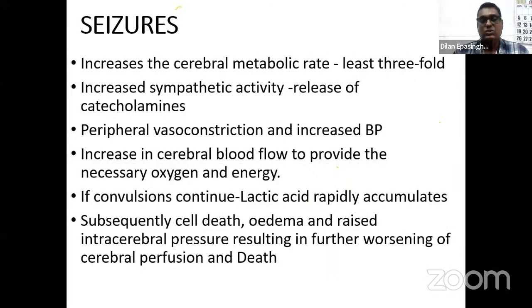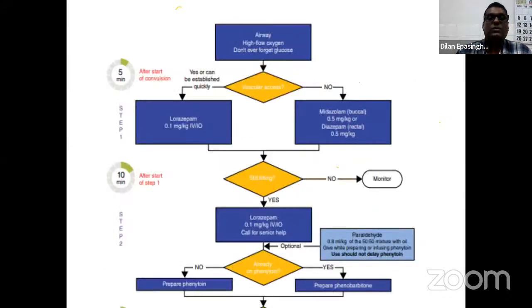There is increased sympathetic activity, release of catecholamines, peripheral vasoconstriction, and increased blood pressure, so increased cerebral blood flow to provide the necessary oxygen and energy. That is how your lactate level will increase. If convulsion continues, lactic acid rapidly accumulates, then there will be rhabdomyolysis and other features, subsequently cell death and edema. So you have to control this seizure as soon as possible.